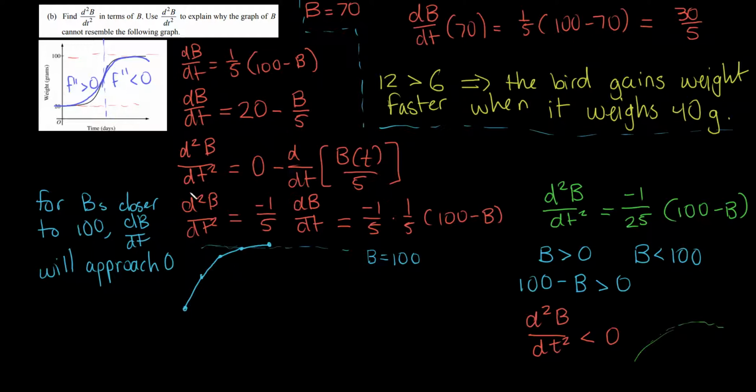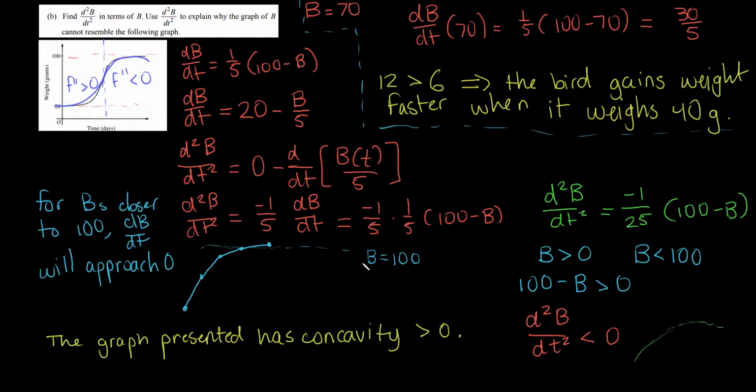So we can write as our explanation for why the graph of b cannot resemble this graph here, that the graph presented has concavity greater than 0, however, the second derivative of b with respect to time, this value that we just found, is always less than 0.